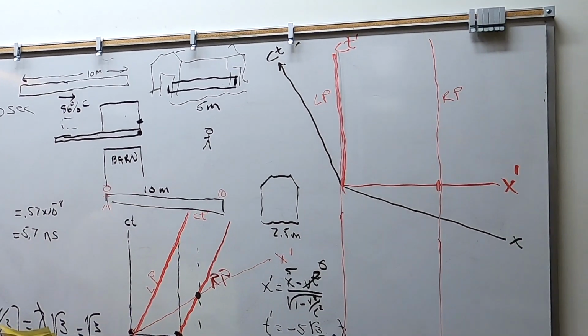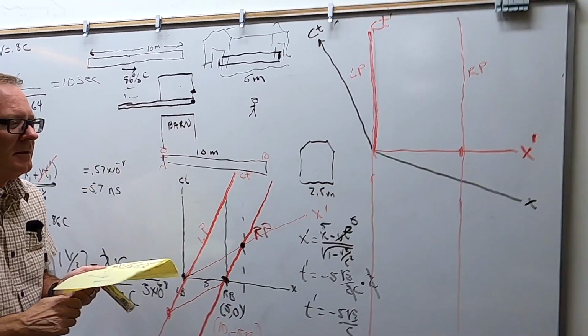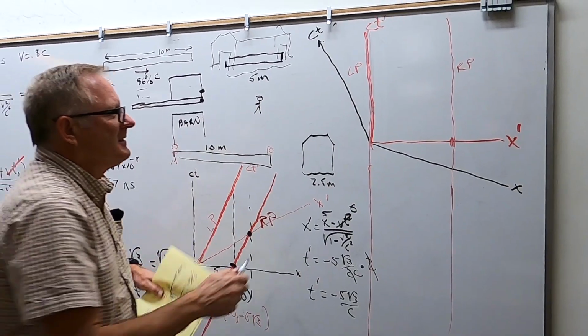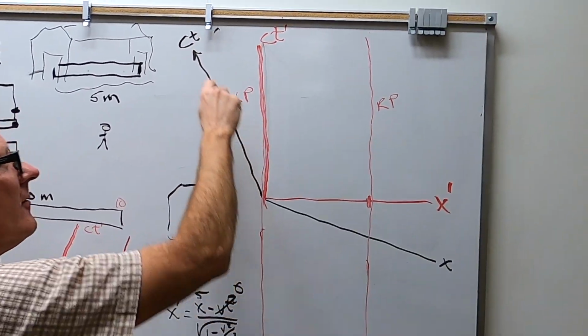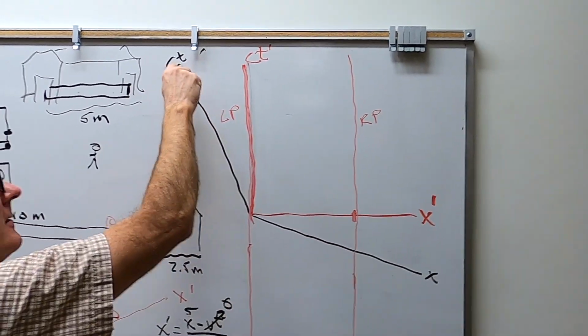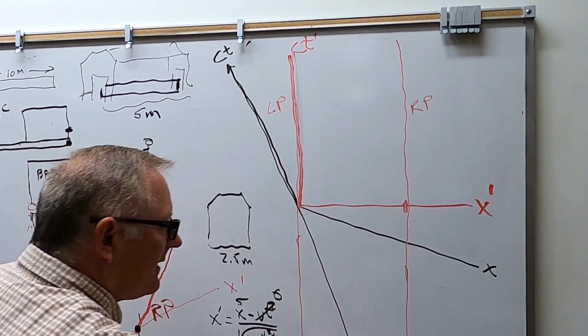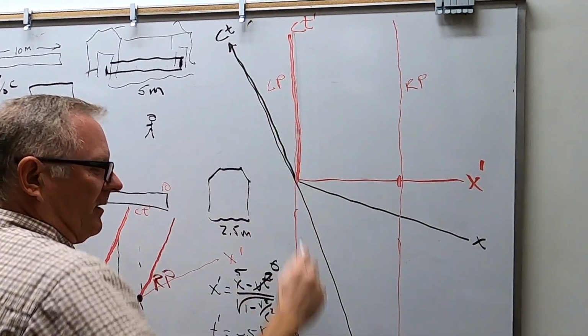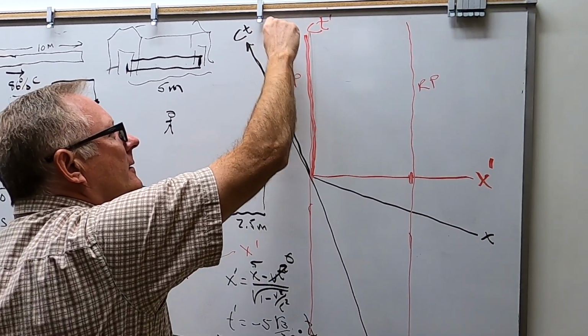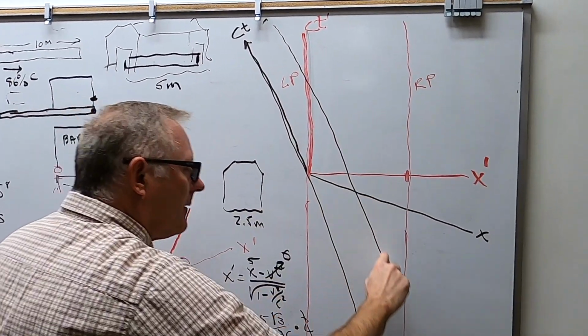Okay, now what about the barn? Well, the barn, this right here is the left end of the barn, because the barn's going down like this, and the right end of the barn is going, his barn is pretty short right here, so it's going down like that.